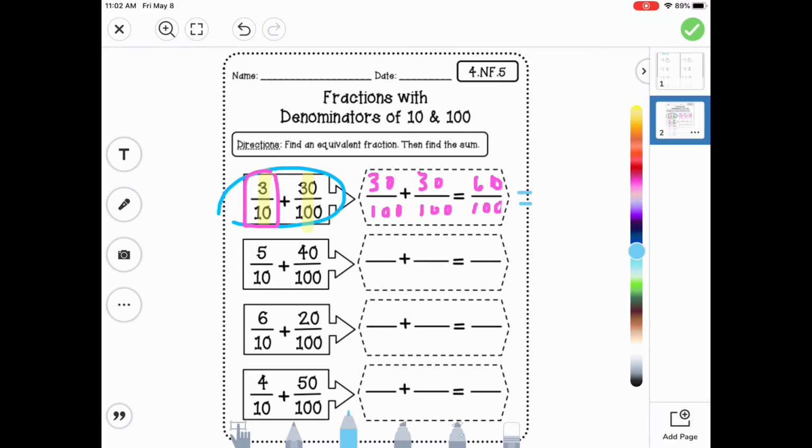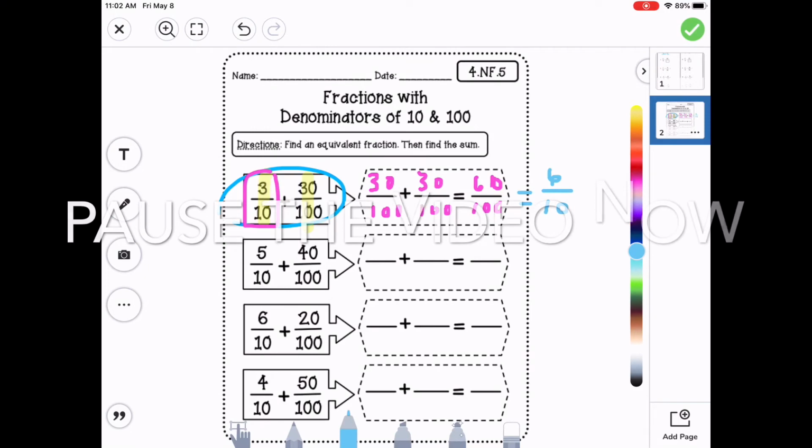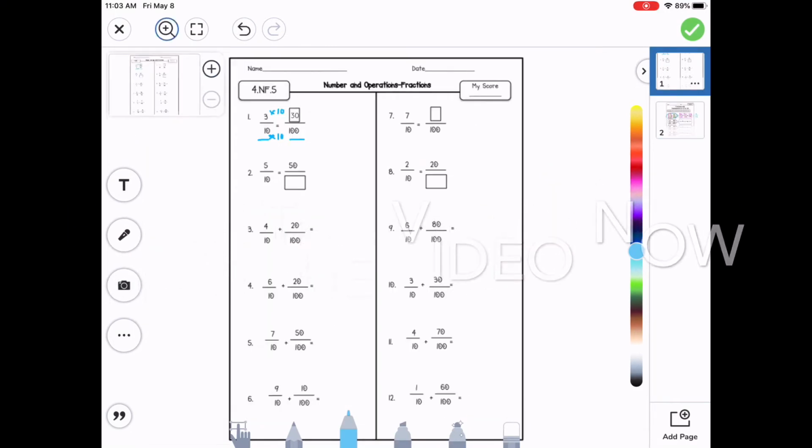Or you could have gotten our original answer, which was 6/10, if you turn them both into a fraction with a denominator of 10. You can choose whichever strategy makes more sense to you. Both of these answers would be correct, even though they look different. So go ahead, pause the video now, come on back when you're done, and we'll go over the answers together.